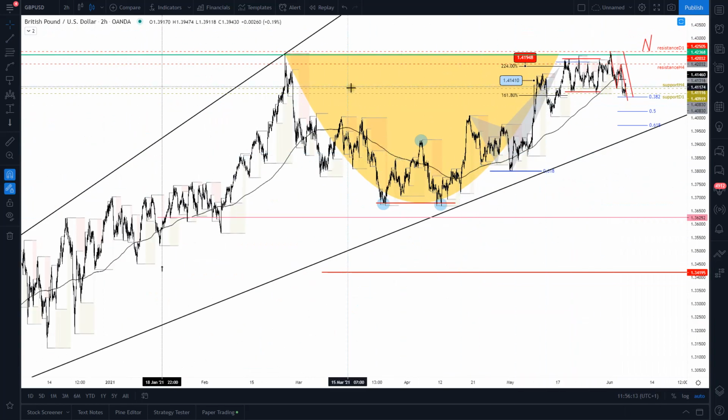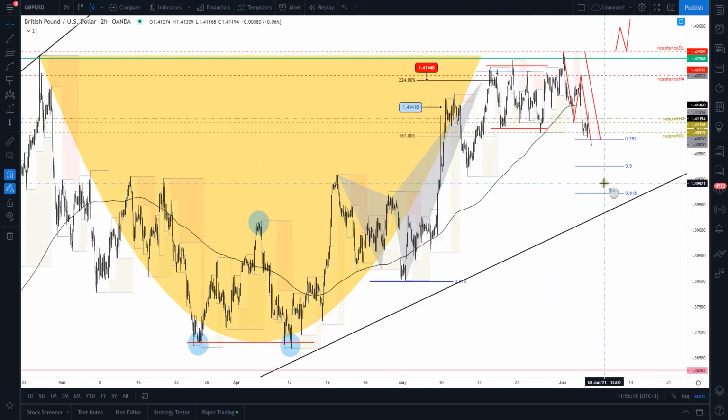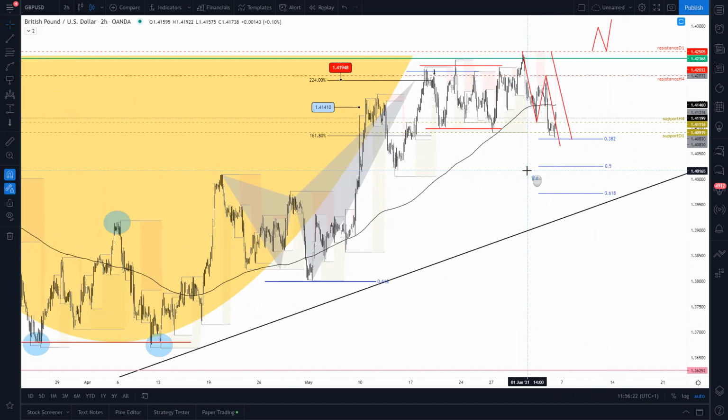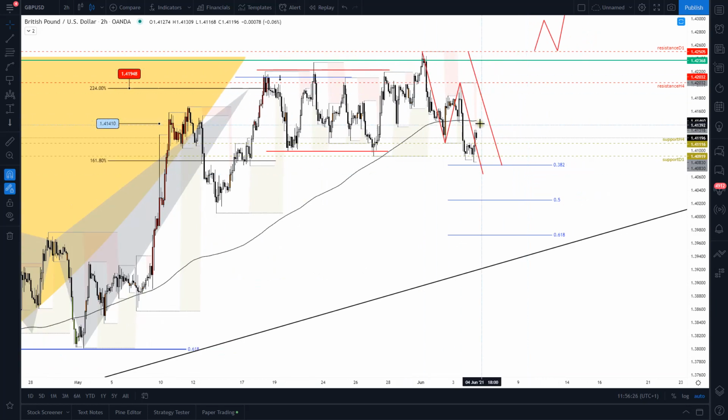And this cup may offer a nice opportunity to make one good attempt to go long with the cable on a midterm perspective. So that's what I'm expecting.